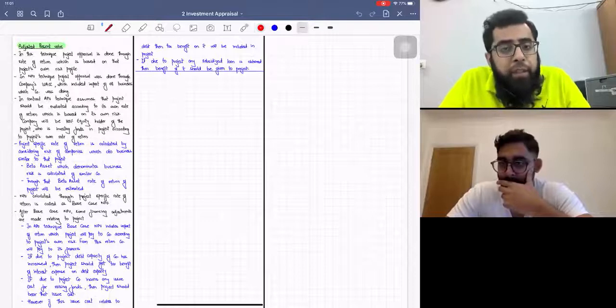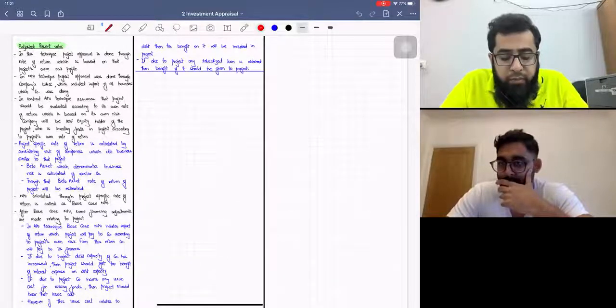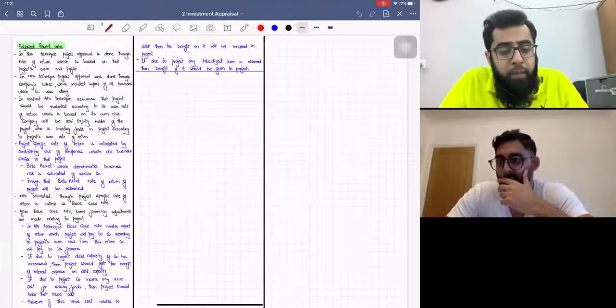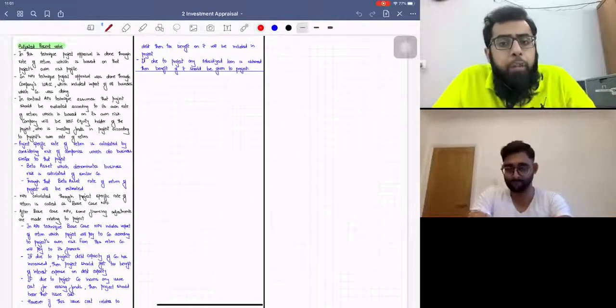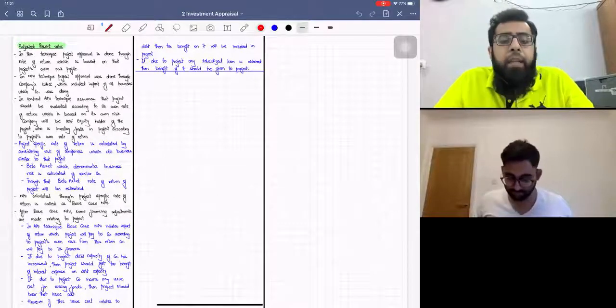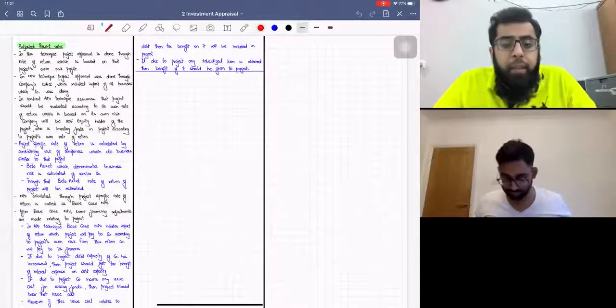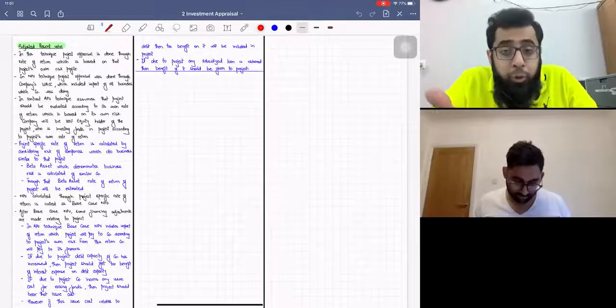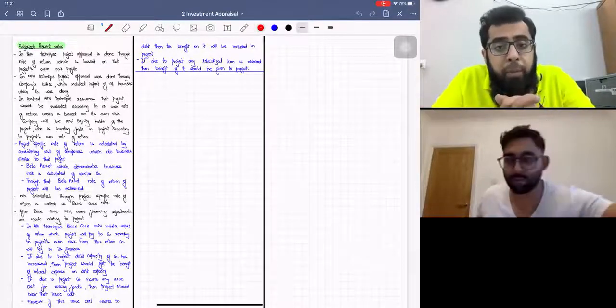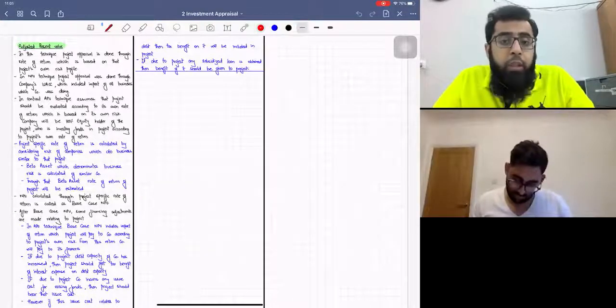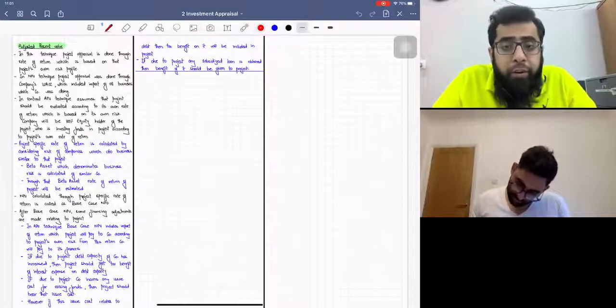Once we have calculated the base case NPV, the next step is that we do certain financing adjustments. Now, what are the financing adjustments? The first financing adjustment is the issue cost. If the project had raised the funds from the market, the company would have incurred issue cost, so we also need the issue cost which we are incurring.